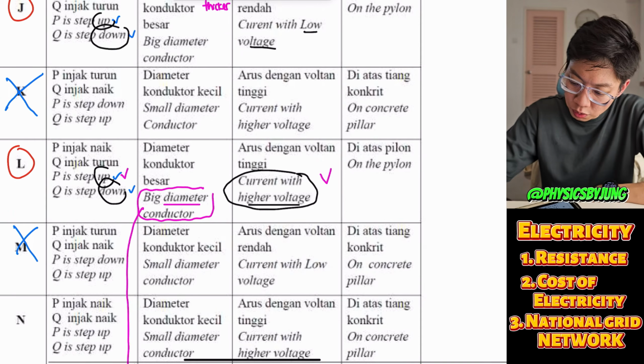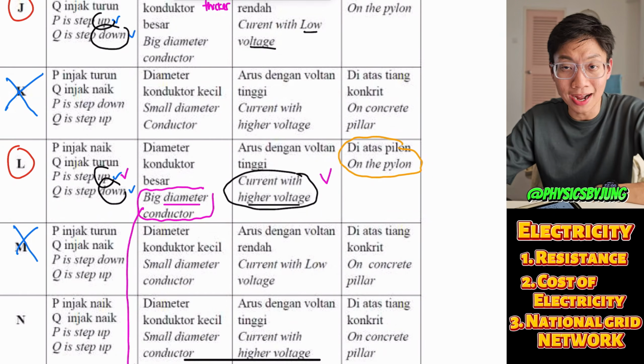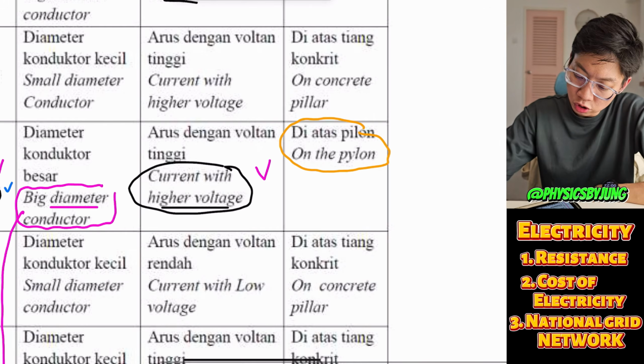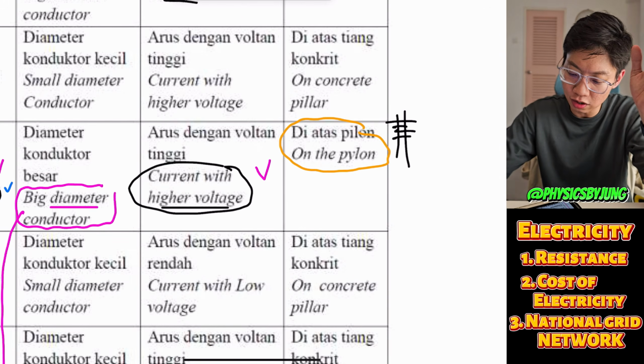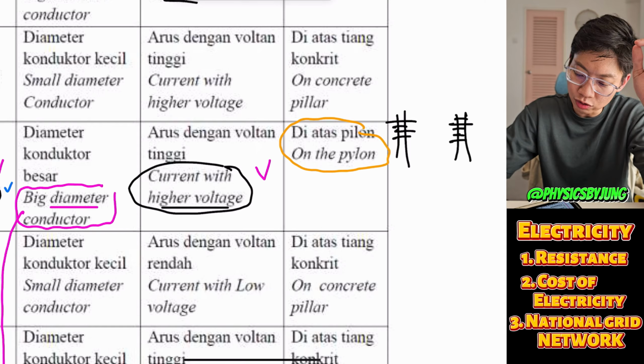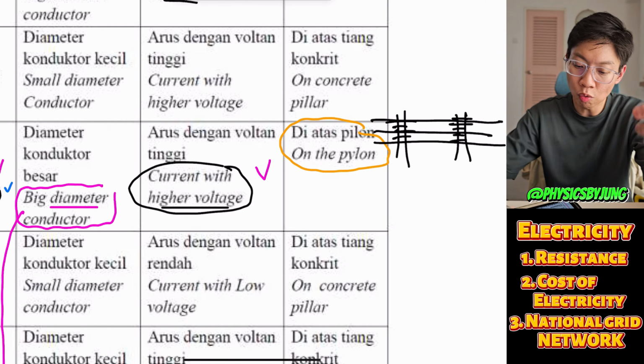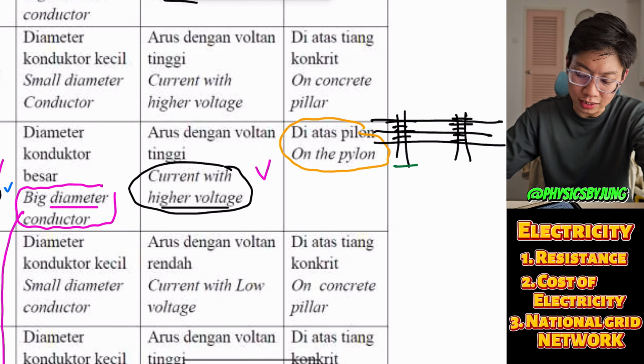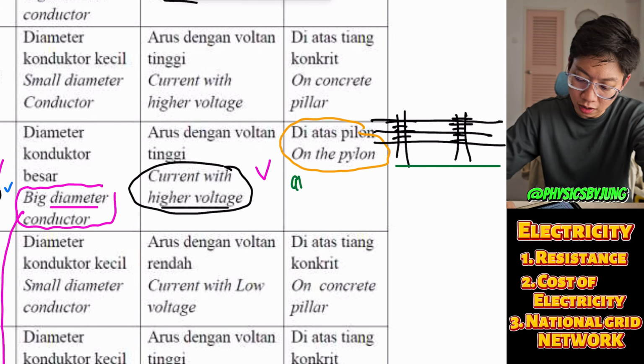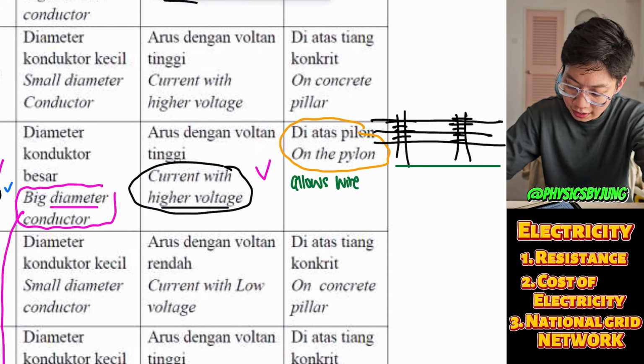Lastly, we want the wires to be on the pylon. What is a pylon? A pylon is the tall pole that looks like an Eiffel Tower thing that hangs all the wires. So why pylon? A pylon is usually stronger, and it also allows the wires to be hung higher.